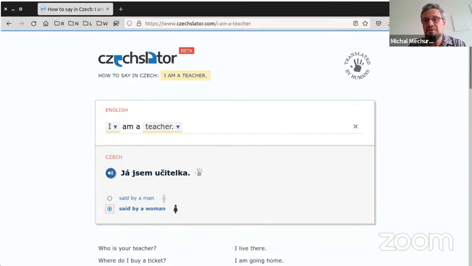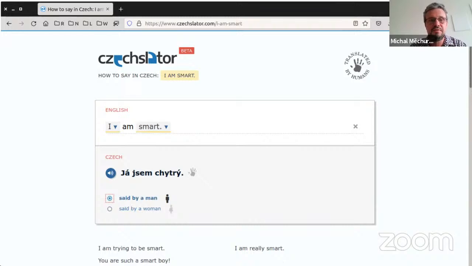Gender stuff is quite widespread in Czech, and it's all over the grammar, and it systematically creates gender pairs in many other word classes besides nouns. For example, in adjectives. So every time you have an adjective in the predicative position, it has to agree with the subject, and then the subject has some sort of gender baked into it, so it has to agree with it in gender as well.